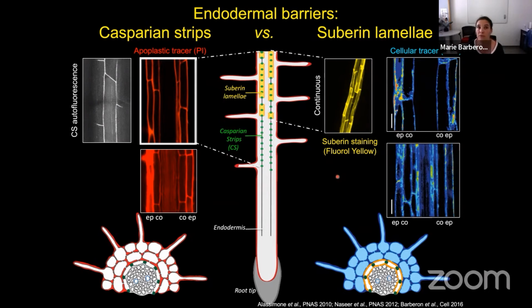The purpose of my postdoc was to characterize functionally these barriers, especially in the context of nutrition. This was not so easy to do before, because we didn't really have mutants or lines specifically affected for these barriers. So 10 years ago, I moved to Switzerland to a lab where such mutants and lines were uncovered, and I started to characterize the function of these barriers.